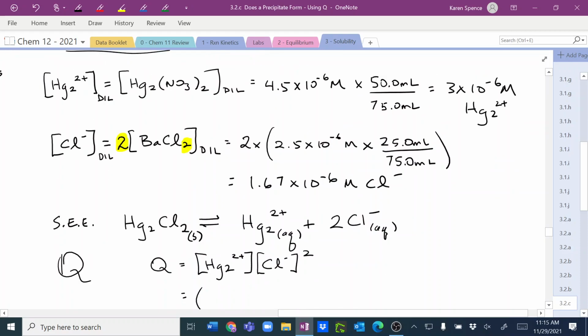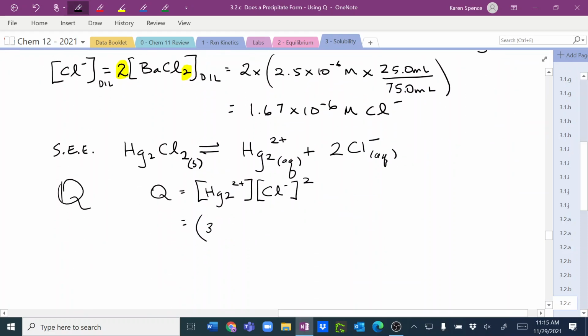That was 3 times 10 to the negative 6 molar. And the chloride was 1.67 times 10 to the negative 6 molar. And we want to square that.